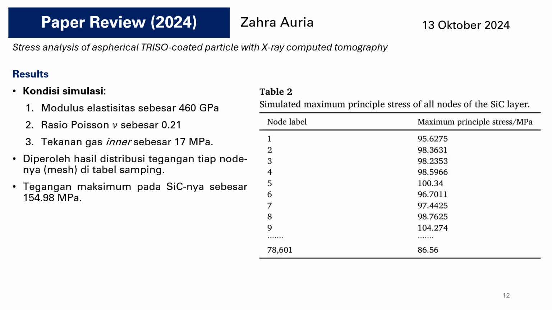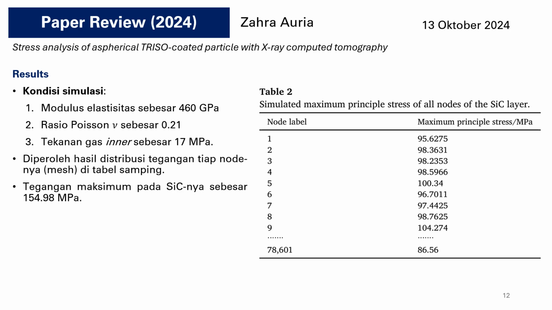Now the silicon carbide layer will be divided into 78,000 nodes, and from each node we calculate the stress distribution. And here are the simulation conditions: we use 460 GPa of elastic modulus, and the Poisson ratio is 0.221, and the inner gas pressure we use is 17 MPa.